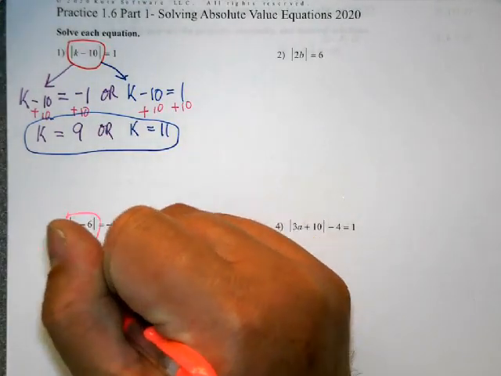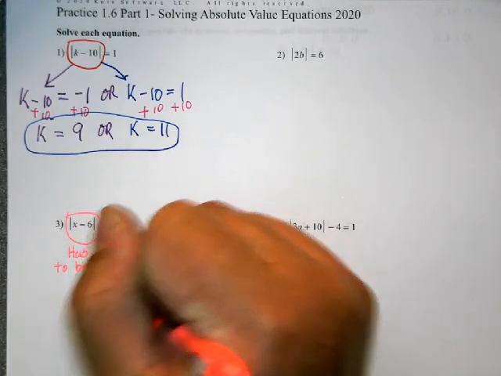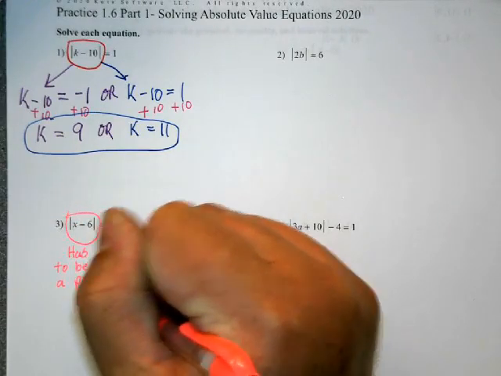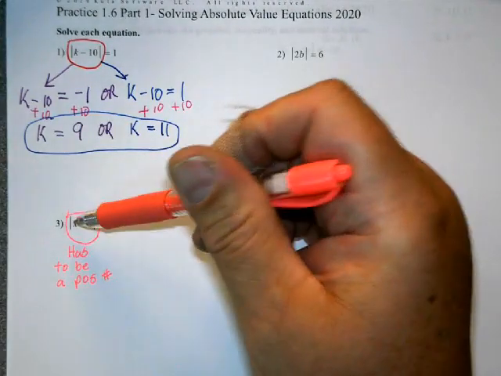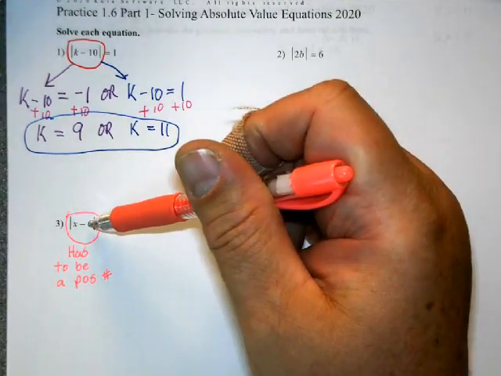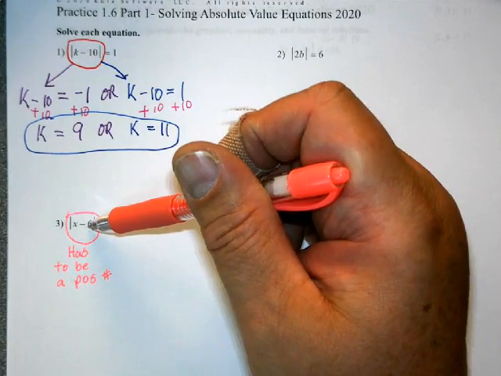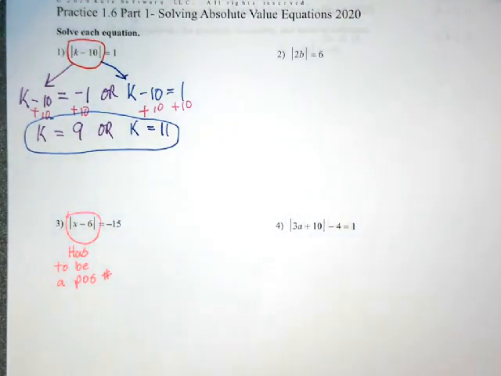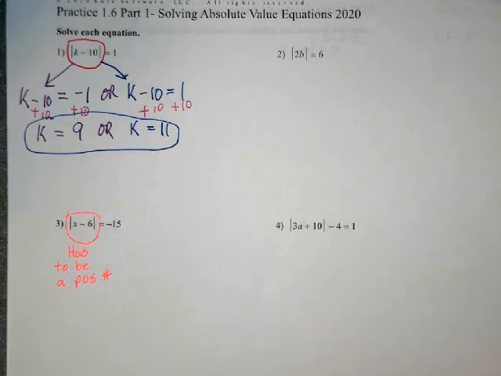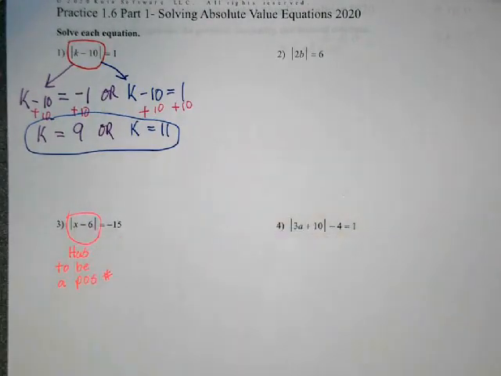So what if it's x minus 20 equals -7? It doesn't matter. -9 minus 6 is -15, but you have to take the positive, so it comes out +15. So there are no solutions. There's not a number in there that's ever going to be negative when you drop the absolute value bars.